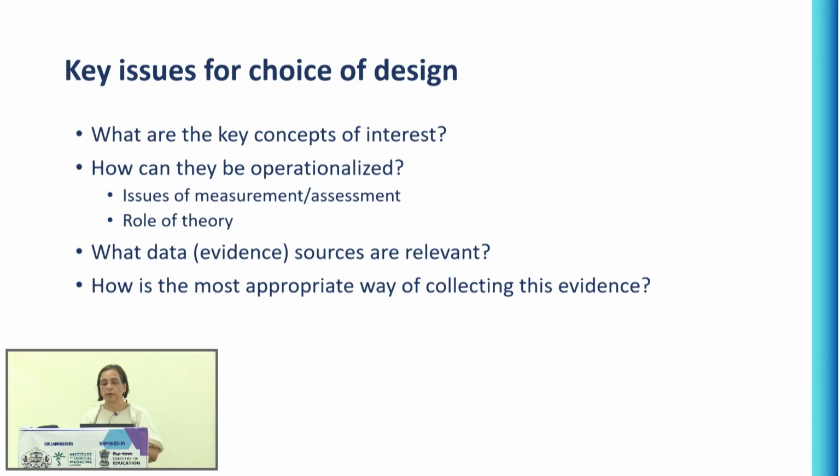I think some of these scales and some of these things that have been developed don't quite apply in this particular context, or they don't apply in this aspect of the health system, or whatever it is. The other thing that you're thinking about is what data sources are relevant.